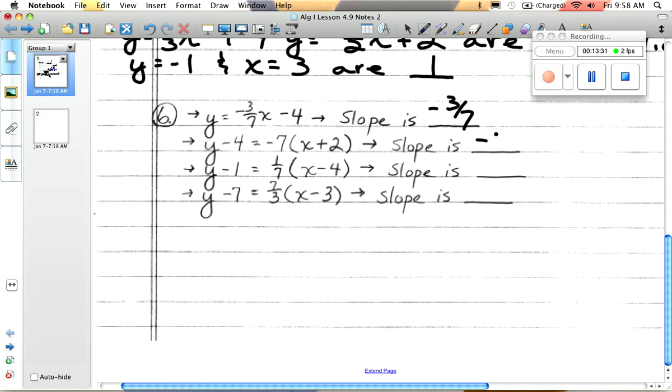We don't have to put it in slope-intercept form because we don't need the y-intercept. I only need the slope today, so why bother going through all that work? How about the next one? What's the slope? 1/7. And the fourth line, 7/3.